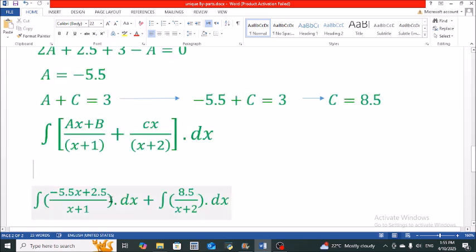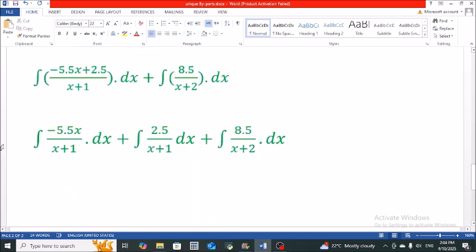And here is, as you see, our two integrations after substituting in the values obtained for the constants. And here, as you see, this integration yielded two integrations, 5.5x over x plus 1 and 2.5 over x plus 1 dx. Now these two integrations are simply ln integration: 2.5 ln x plus 1 and 8.5 ln x plus 2.